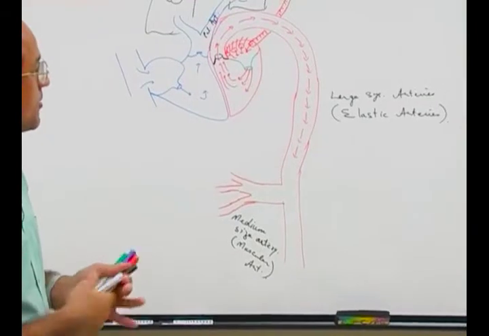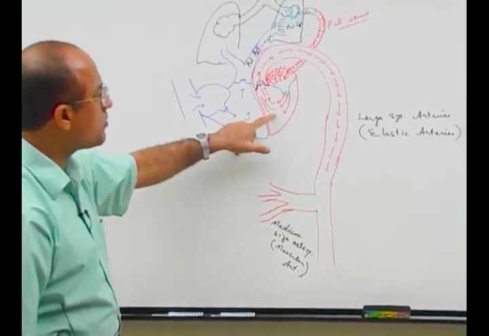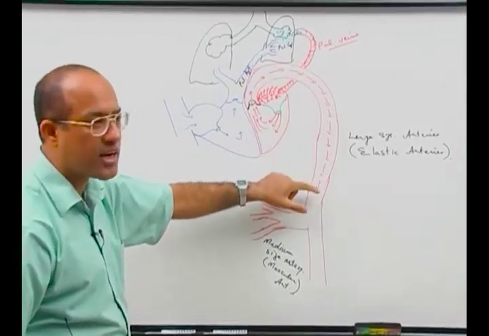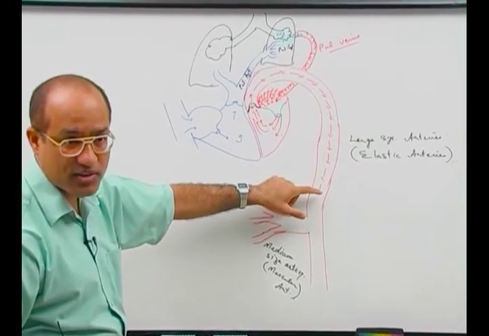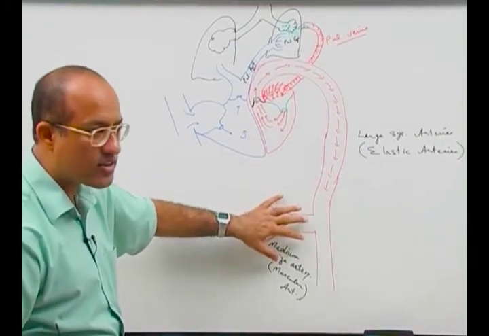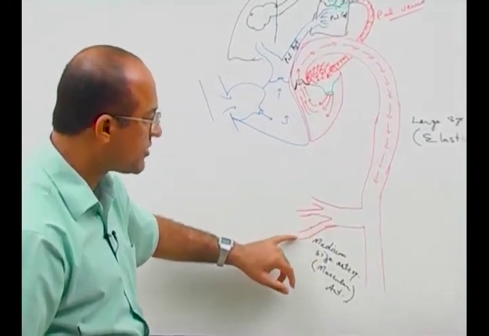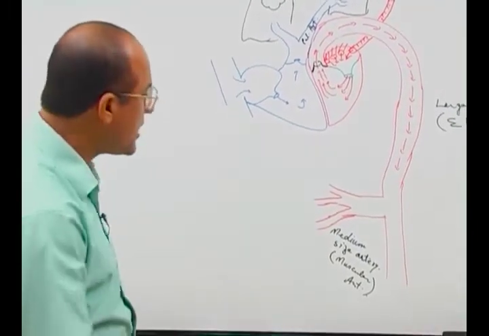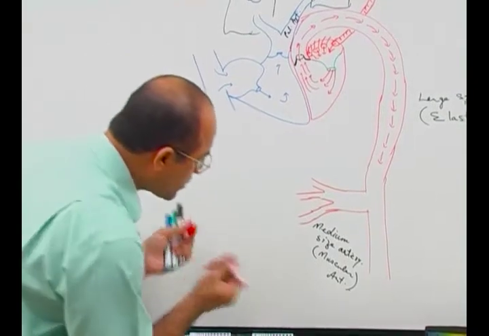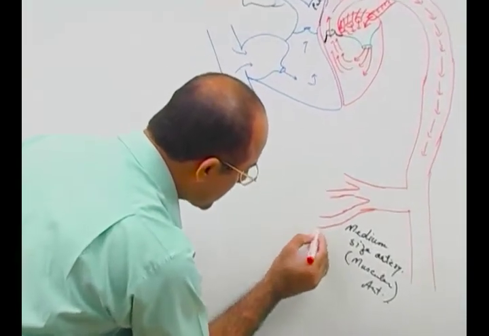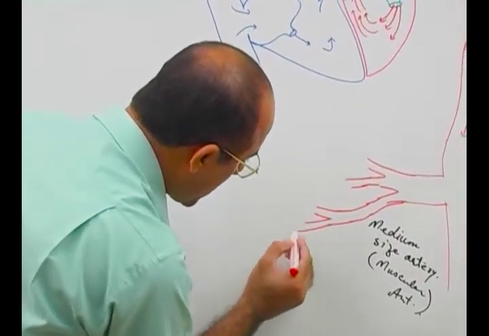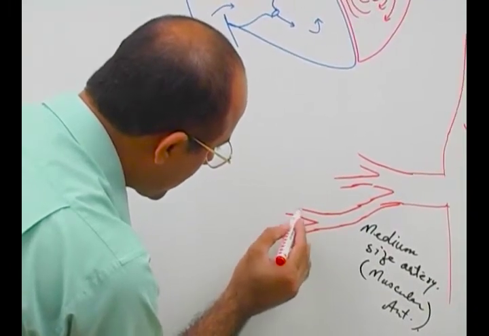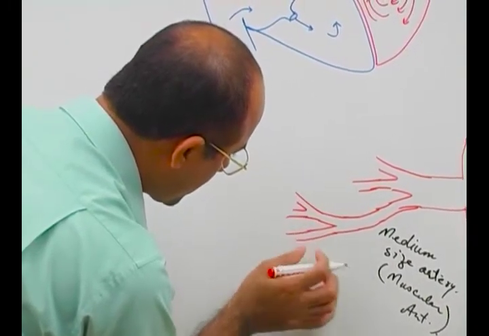So from the left heart, blood is pumped into the aorta and its main branches, which are elastic arteries, and from the elastic arteries blood goes into medium sized vessels which are called muscular arteries, and from there to smaller arteries, and eventually to very small arteries, which are called arterioles.